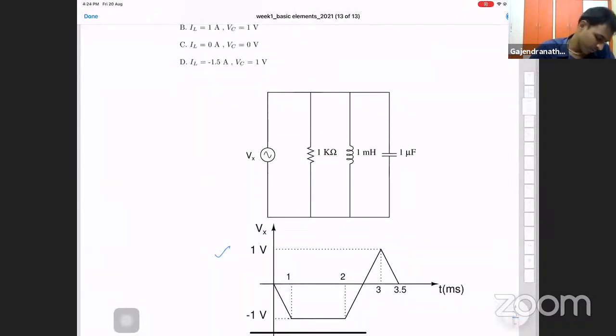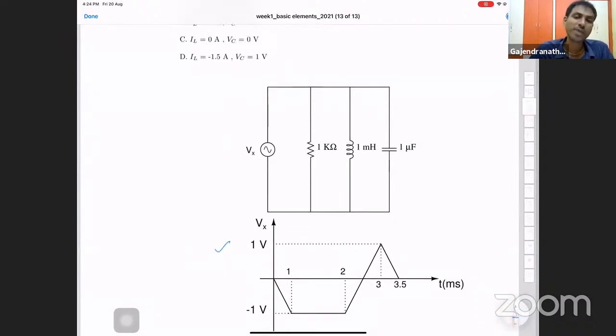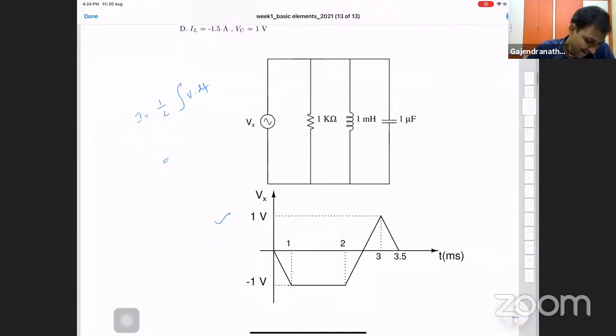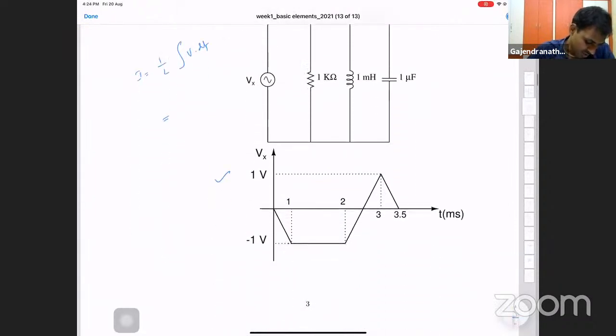The current and voltage across the inductor are related by an integral: I is equal to 1 by L integral V dt. It means I have to integrate this voltage curve to get the current.